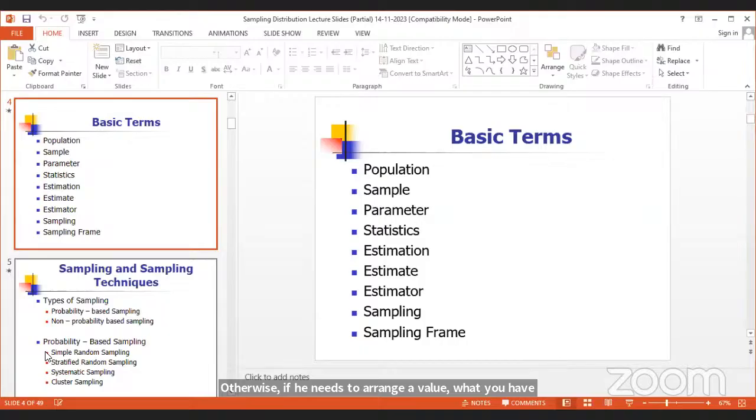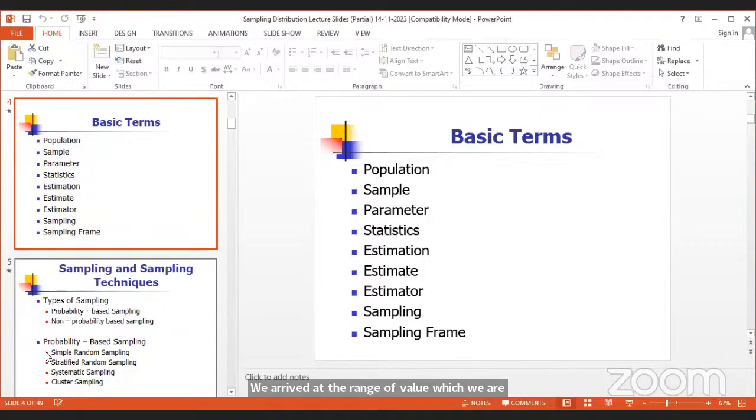Now, the value that you arrived at is called the estimate. So again, you can have 2 types. You can have point estimate, you can have interval estimate. If you arrive at a single value, what you have is point estimate. If you arrive at a range of values, what you arrived at is interval estimate.